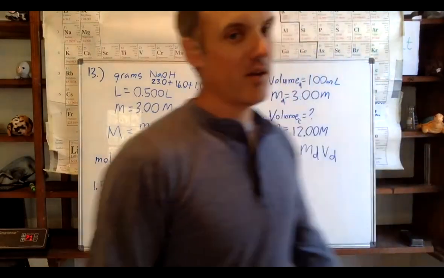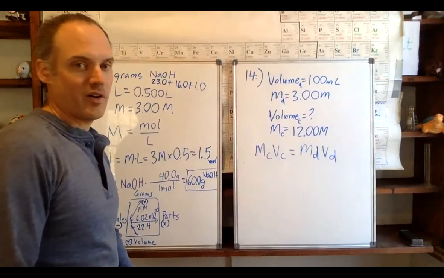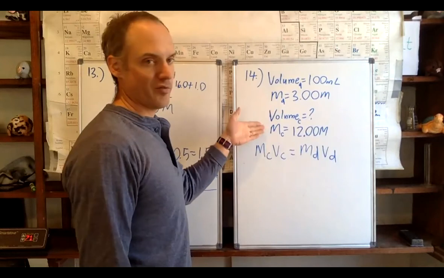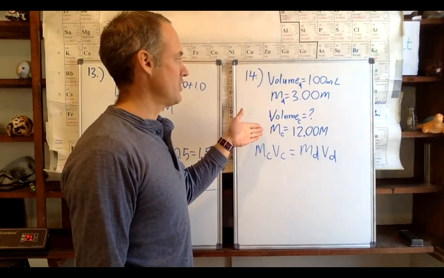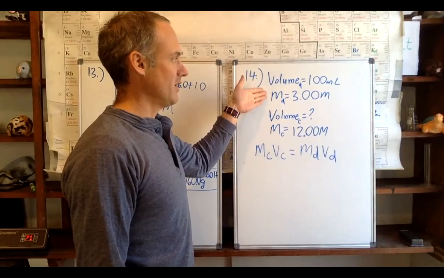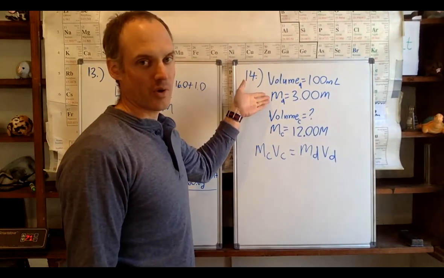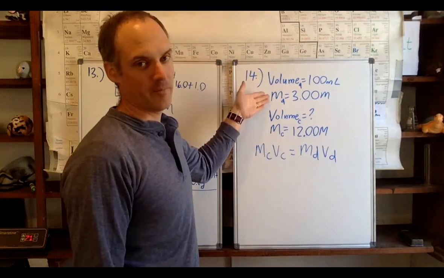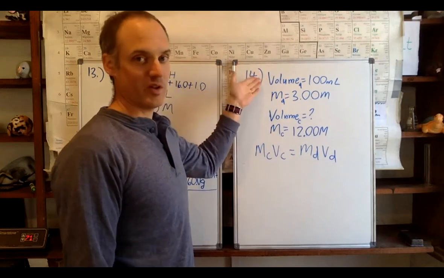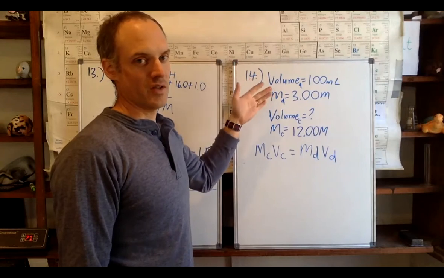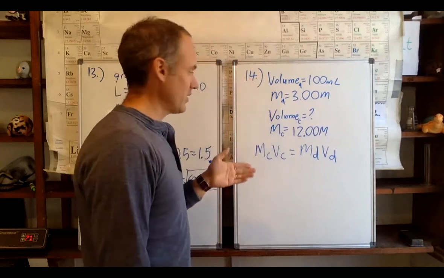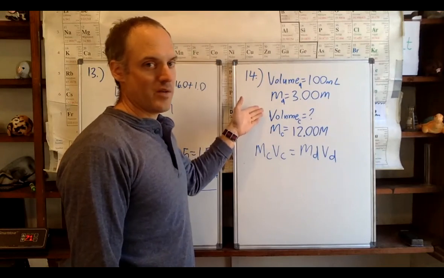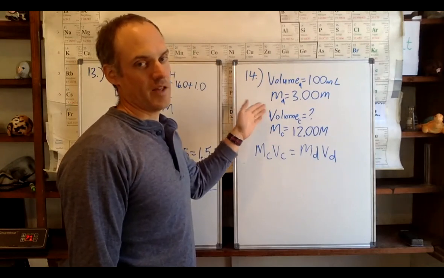All right, let's look at 14. 14 is different. It uses a different equation because you're starting with a 12 molar concentrated solution and you want it to be a quarter strength. Instead of using 12, you need 3. And you need 100 milliliters of that solution to make it work. We're really looking for the volume that you need to mix to make that work.